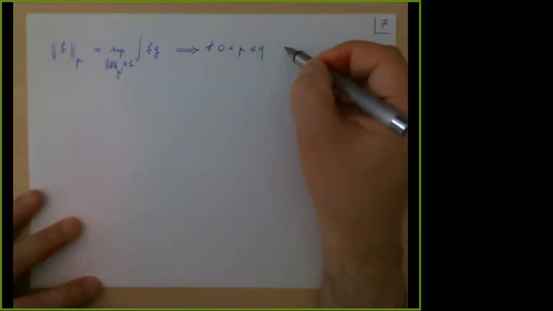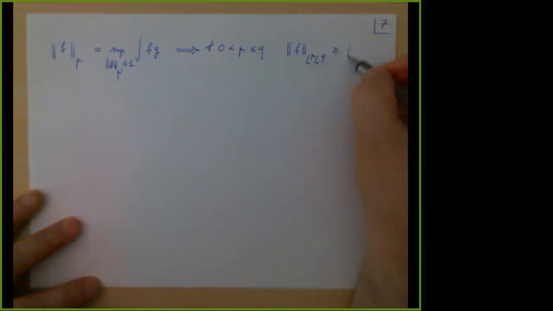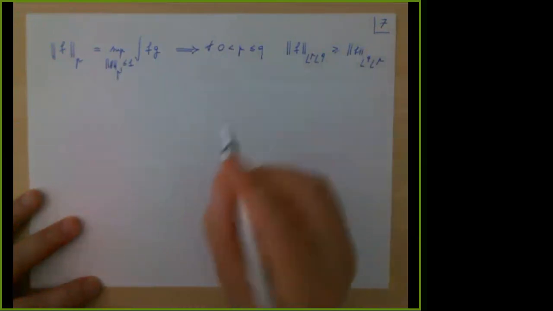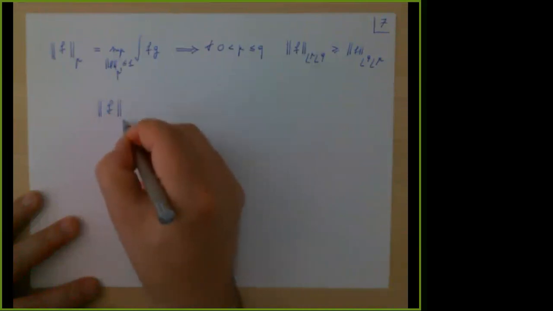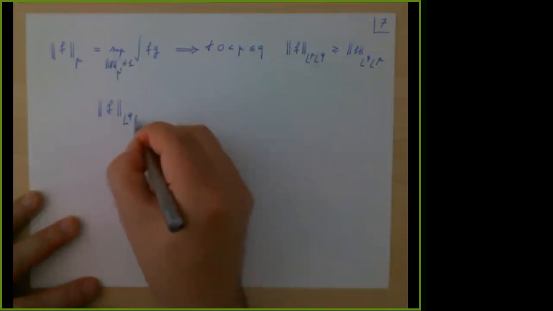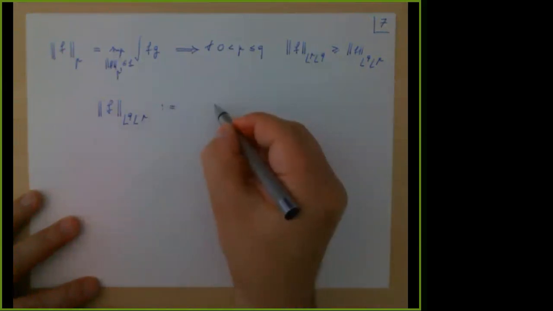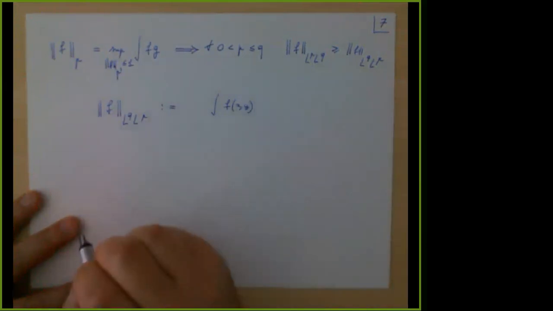First I write it, then I explain it: the norm of f in L^p L^q is larger or equal than the norm of f in L^q L^p. What does this mean? It means the following: I define the norm of f in L^q L^p in the following form. First, I take a function of two variables, x and y.